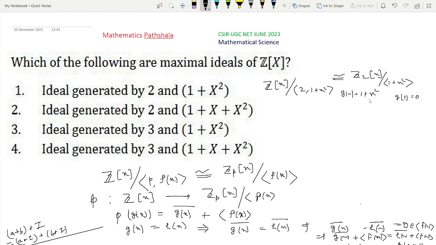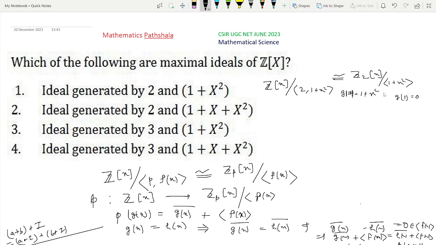So this polynomial has a root in Z_2. We know that a polynomial of degree 2 or 3 over a field is irreducible if and only if it does not have a root in this field. So this polynomial has a root in Z_2, so it is not irreducible.